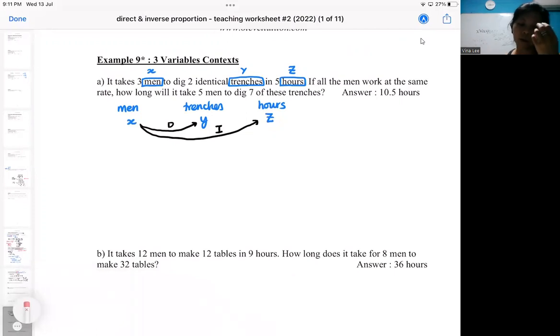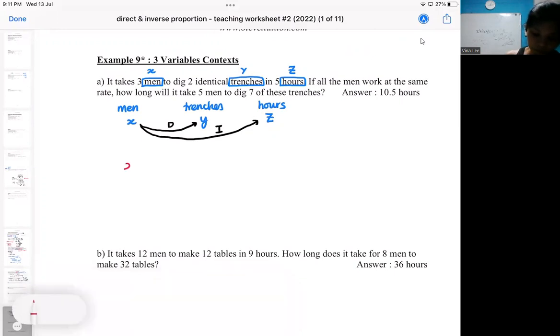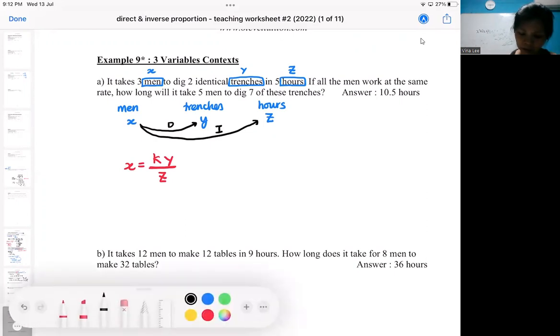So this is a mixture of direct and inverse. How am I going to form it? I'm going to form it this way. X and Y are direct, so it should be K times Y. And X and Z are inverse, so the inverse is here, Z is the one in the bottom. So I'm actually doing a combination.